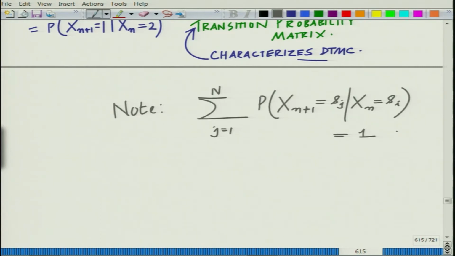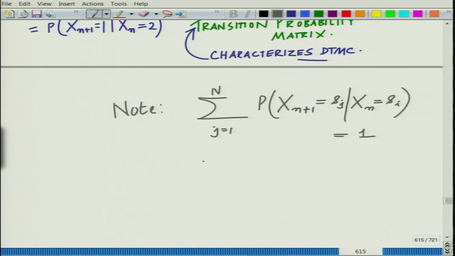That is, starting in state Si, the sum of the probabilities of transitions to all the states must be equal to 1. Therefore, the sum of the probabilities in each row must be equal to 1.